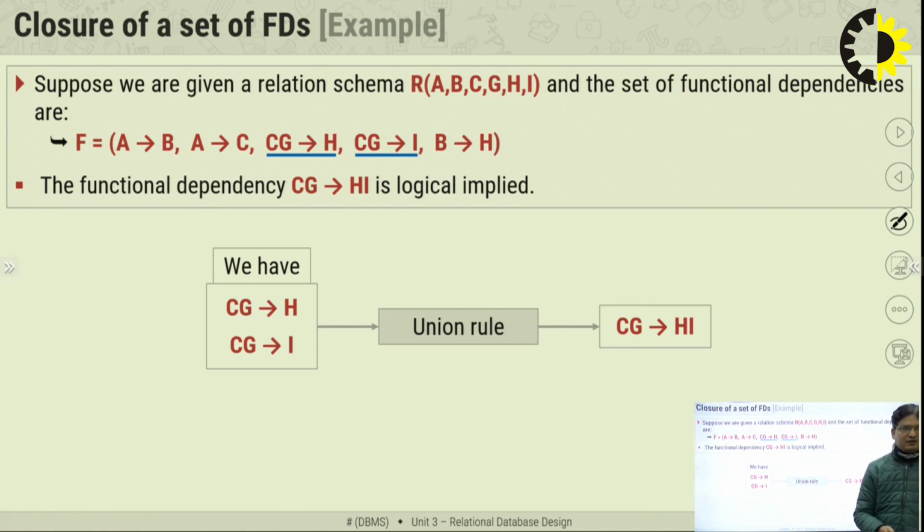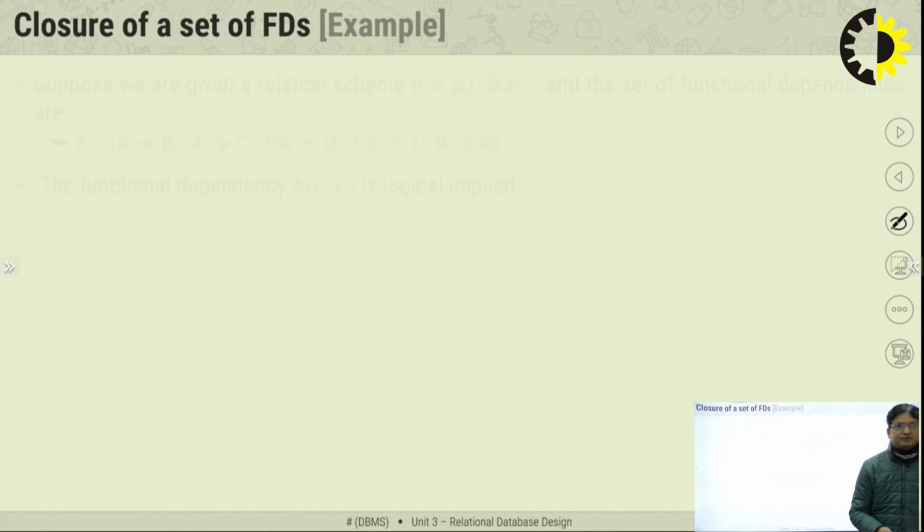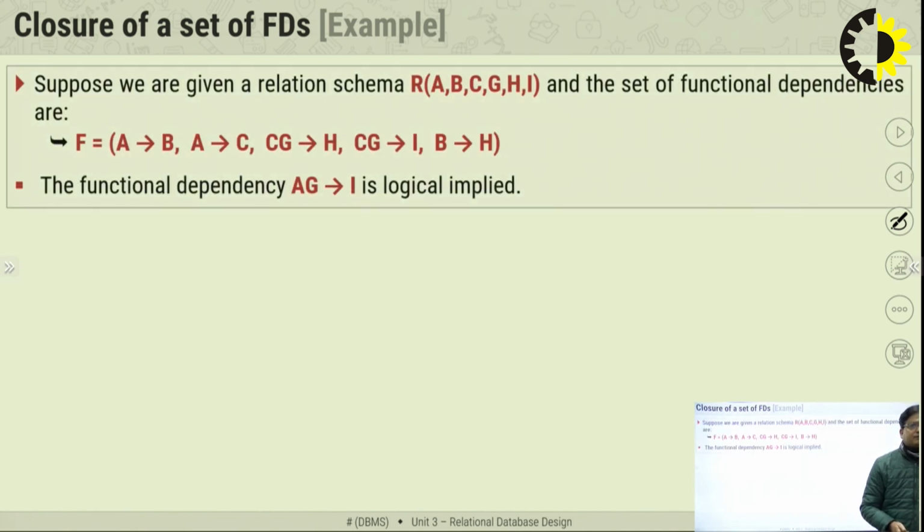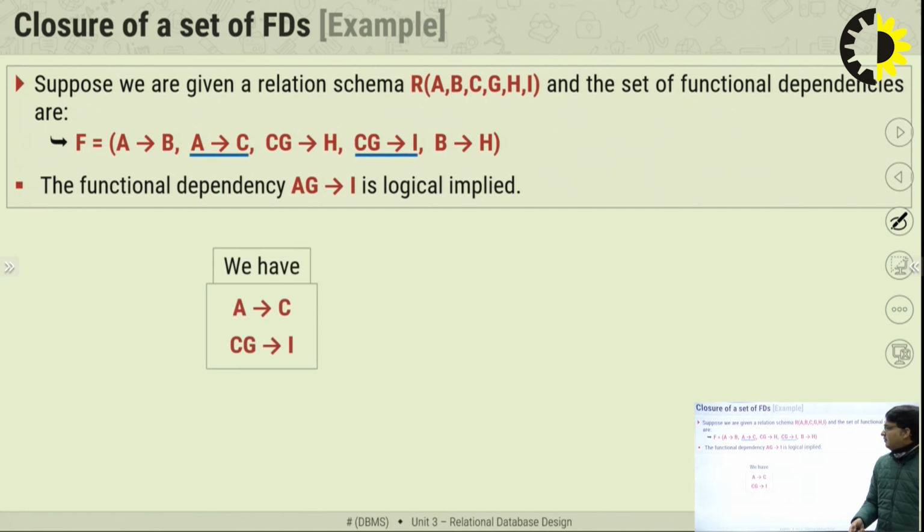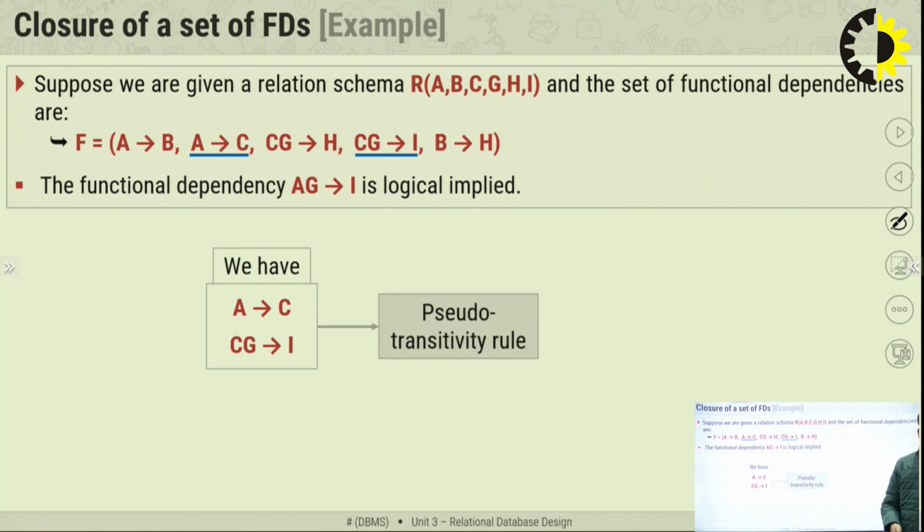Now let us apply some more inference rules to get a new set of FDs. A determines C and CG determines I. This means AG determines I using the pseudo transitive rule.